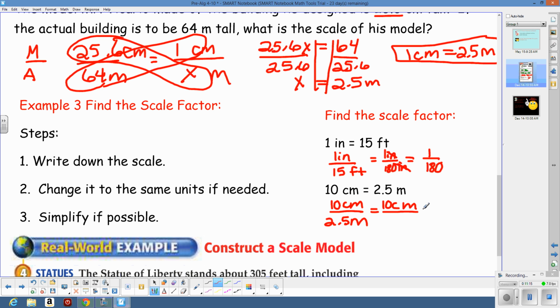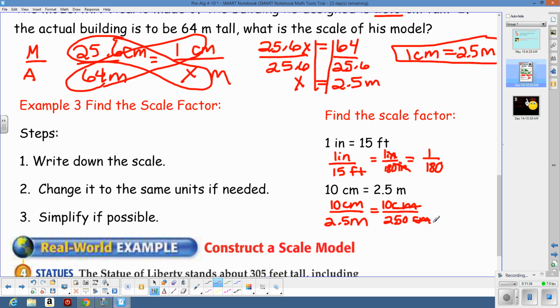So I'm going to take 2.5 times 100. When you multiply by 100, you move the decimal 2 places to the right, so that's 250 centimeters. Now I can get rid of my centimeters label, and I have 10 over 250.